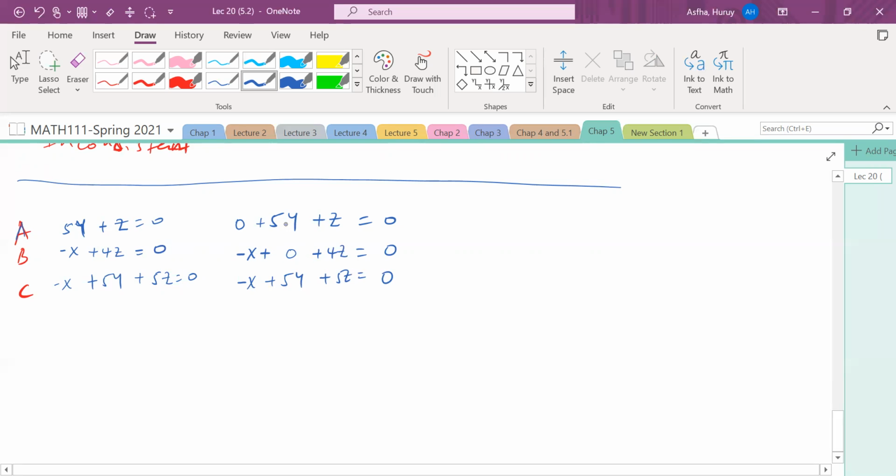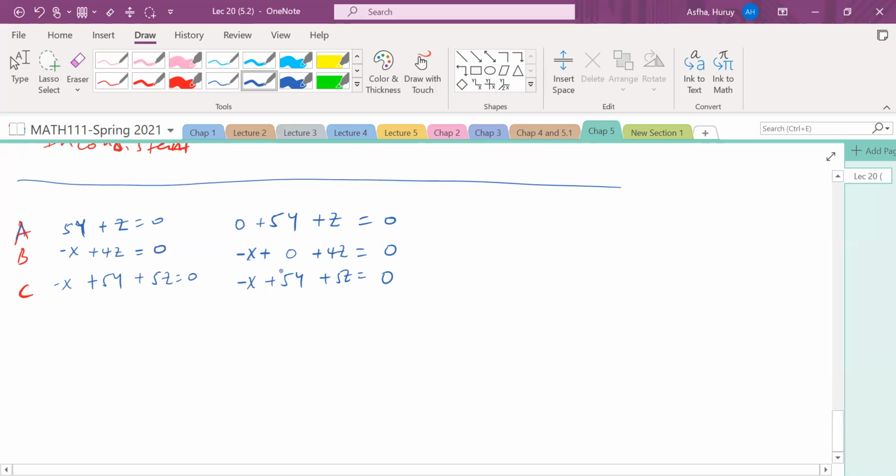Now, since this one doesn't have any x, and this one has x but not y, and this one has all three of them, what we could do is eliminate x from this, and then we can use the first one and the second one to solve as a system of linear equations in two variables.